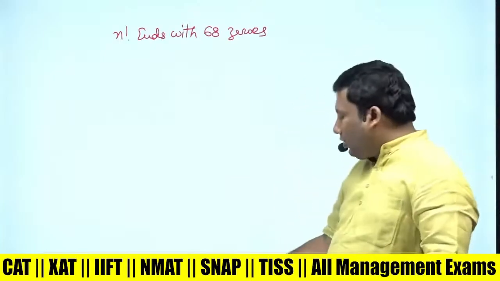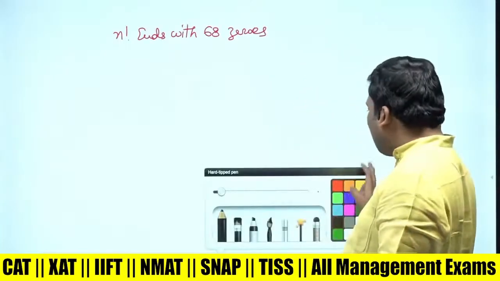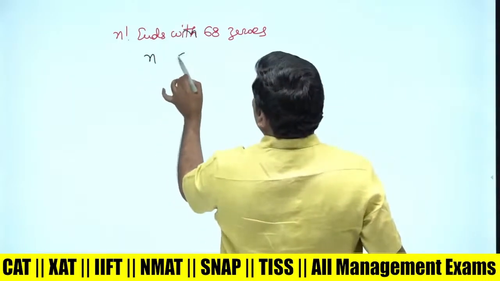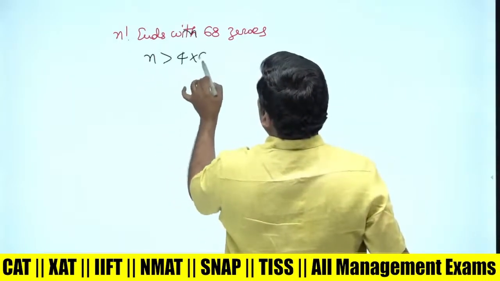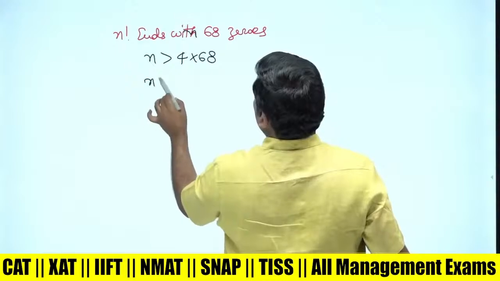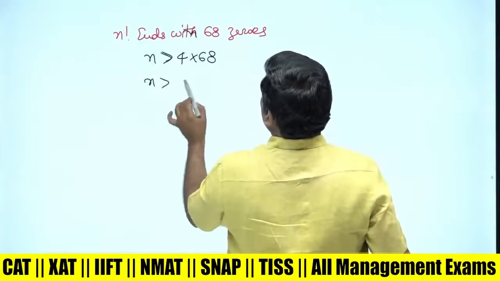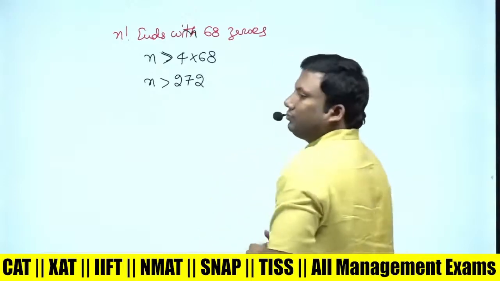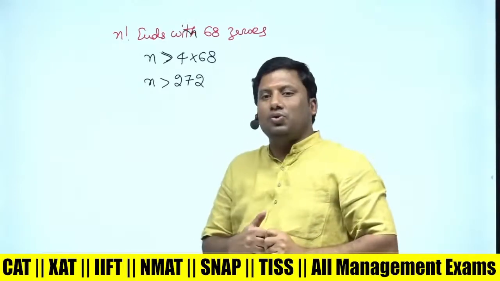If n factorial ends with x zeros, what is the relation between n and x? N is greater than 4x. 4 into 68, 4 8s are 32, so n is greater than 272.